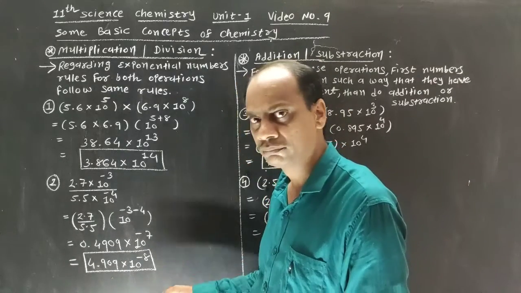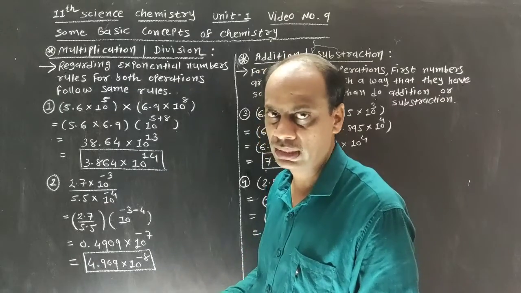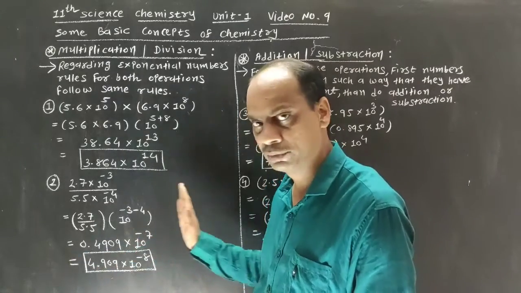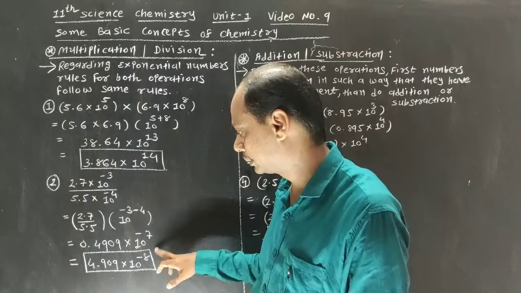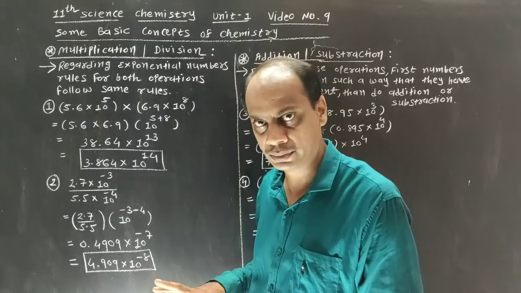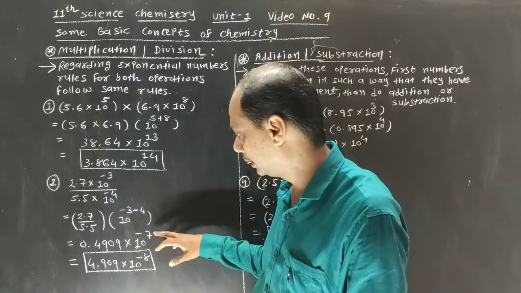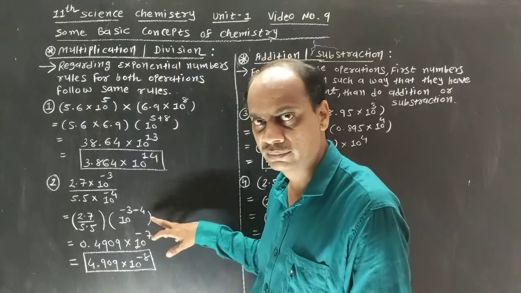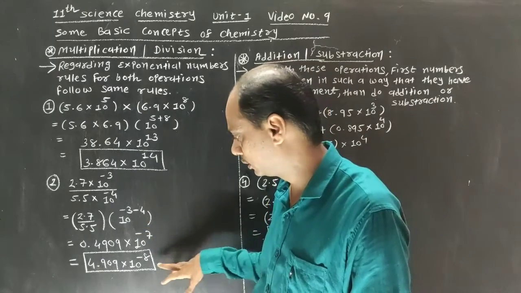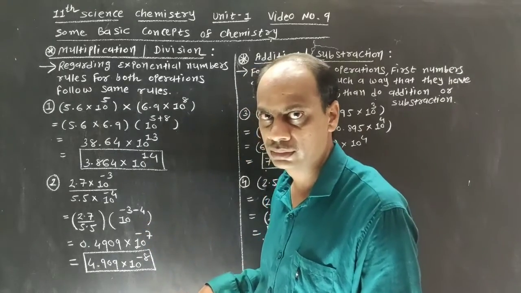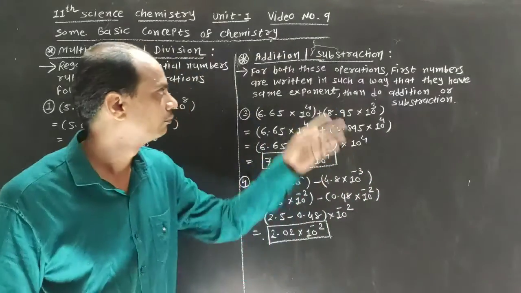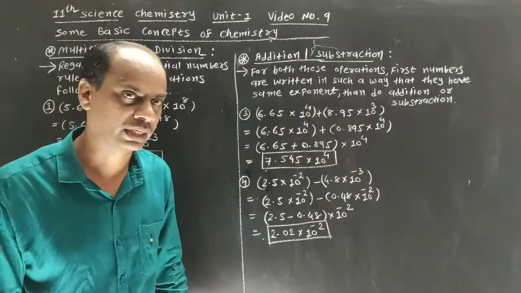Over here, the power decreases by one, because you moved from left to right. 10 raised to minus 7 will become 10 raised to minus 8. You know very well that minus 7 is a larger number than minus 8, isn't it? Next, addition and subtraction.